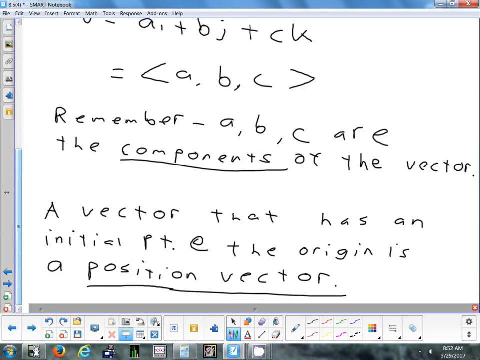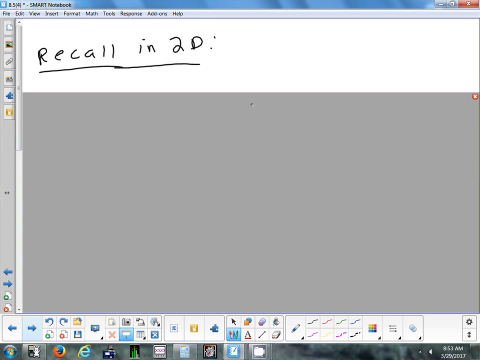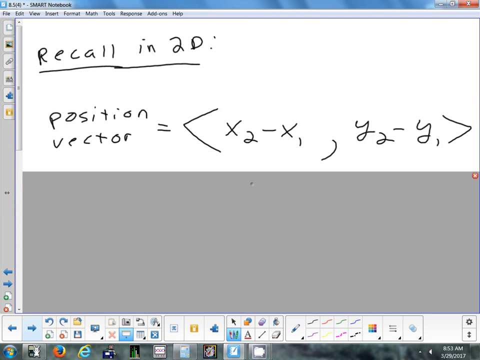Okay, this you already have in your notes from earlier in the week, and it's exactly the same in 3D. If your vector starts at the origin, it's a position vector. We said that in 2D as well. So to find a position vector in 2D, that's how you do it.